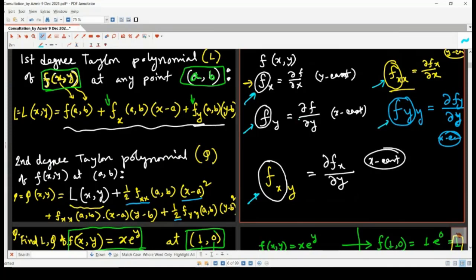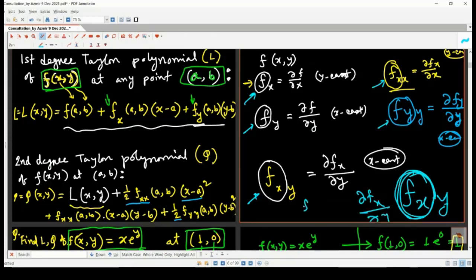For simplicity, if you have f sub x, y, leave the last term and give one circle mark so that you can understand that you are going to differentiate f sub x with respect to y.